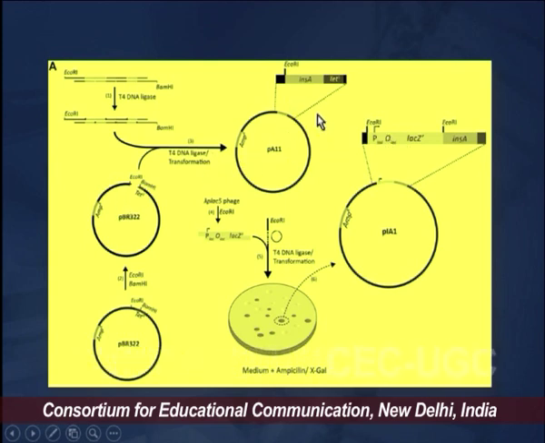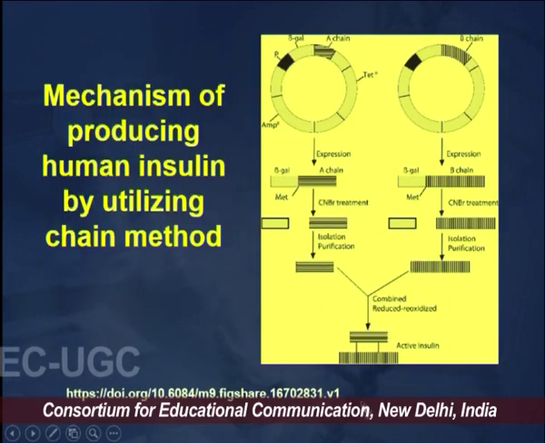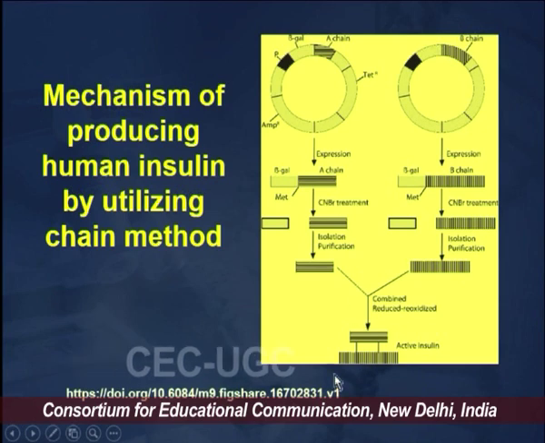In this case they are cloned in different vector molecules, but they could also be cloned in the same vector molecule, and then conditions were given so that they can even be processed inside the bacteria only. So, all these changes can occur inside the bacteria, and finally the bacteria can secrete the human insulin. That was done later on, but initially the production was done like this.